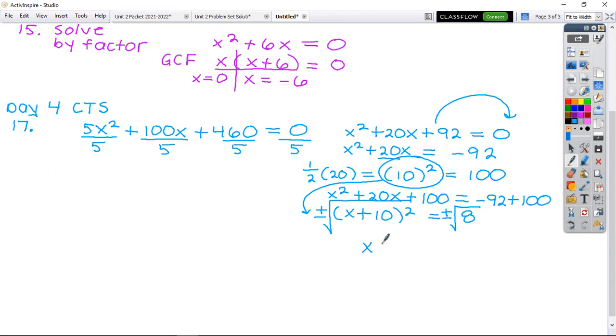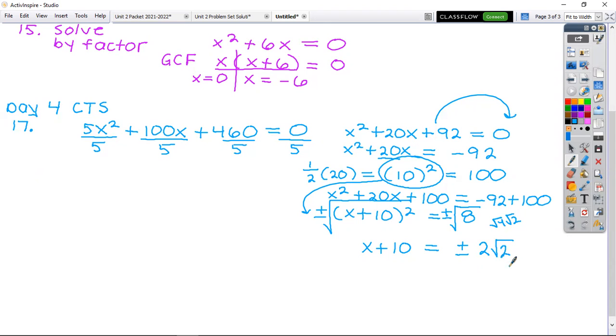So I get x plus 10 is equal to plus and minus square root of 8. Okay, I'm sorry, you have to break down 8, but this one's tiny. What's the biggest perfect square in 8? 4 and 2. So the square root of 4 becomes 2, and the other stays inside.